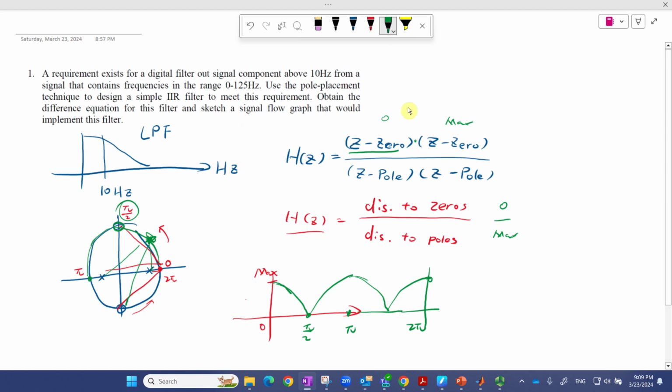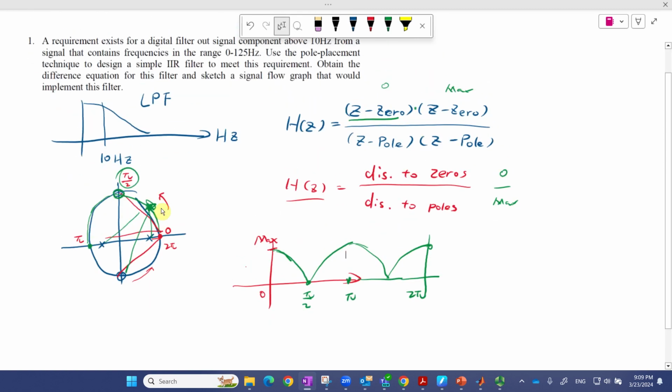Okay, so if we know that, we're going to examine something else. First, we want to find out what the sampling frequency should be. We know our signal is between 0 and 125, so double that frequency at least, we need a 250 hertz sampling frequency.